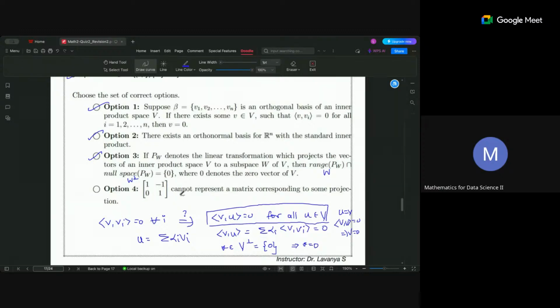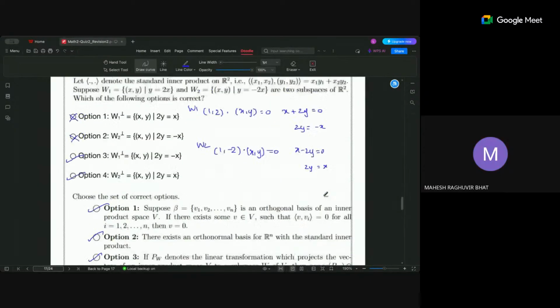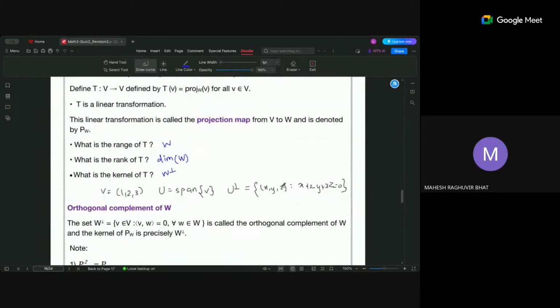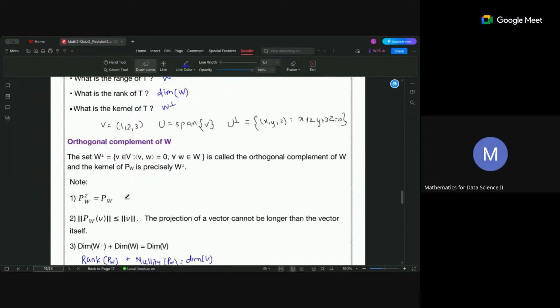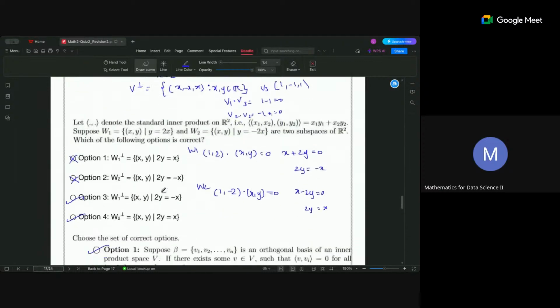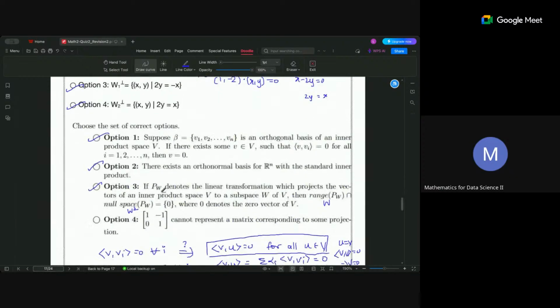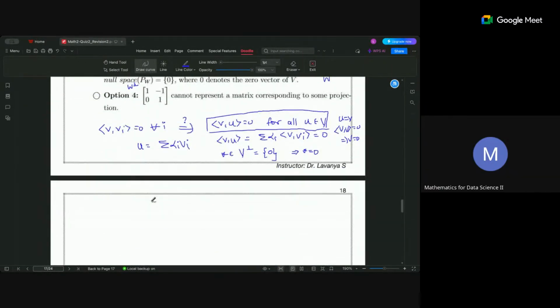What about the last one? The matrix [1 -1; 0 1] cannot represent a matrix corresponding to some projection. What is the property for any matrix representing a projection operation? A square is equal to A. Exactly. So the corresponding matrix will have this property. Does this matrix satisfy it? Check it.